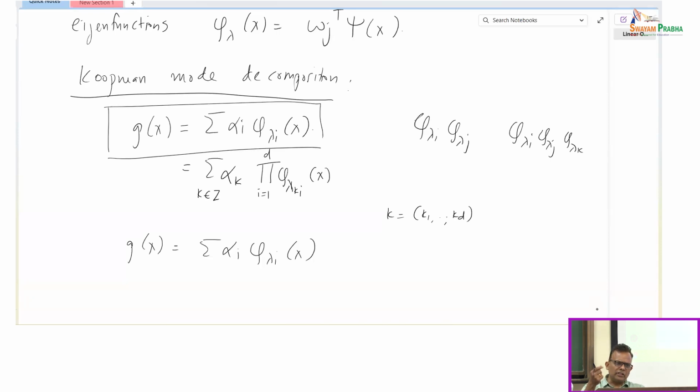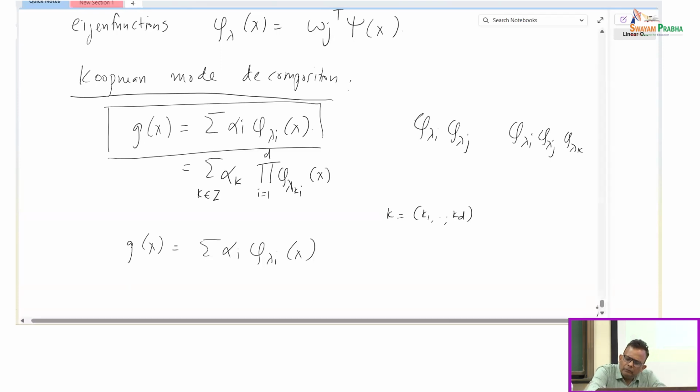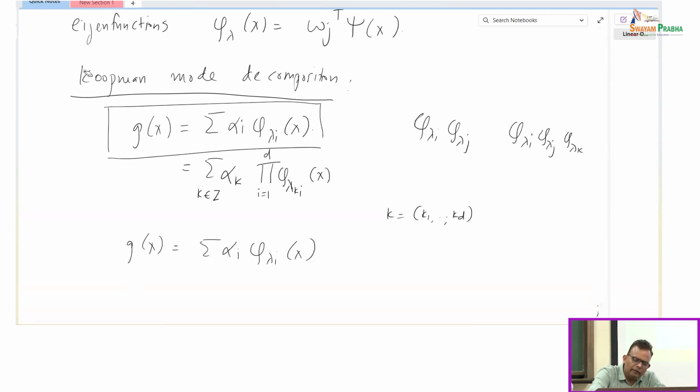You have some uncertainty in the initial condition, and you want to know how it will flow forward in time. This uncertainty can be encoded in G, and then I want to know what it looks like if I make the Koopman operator act on G.